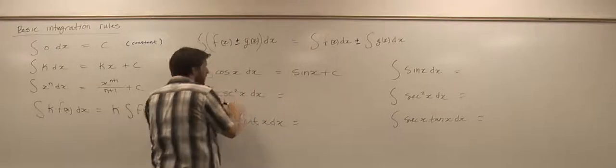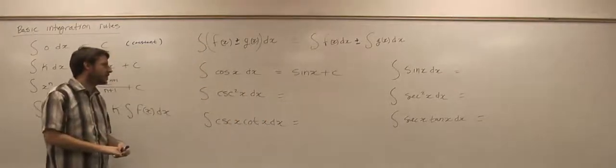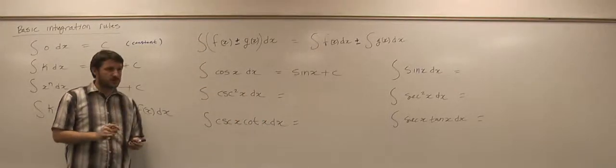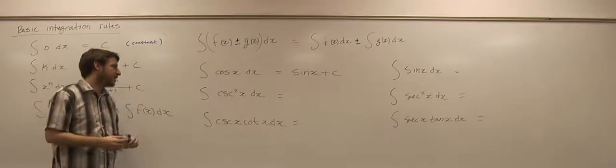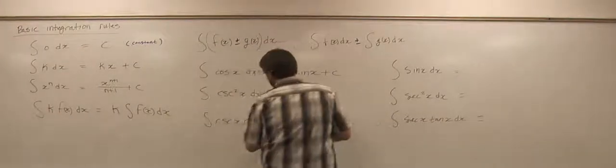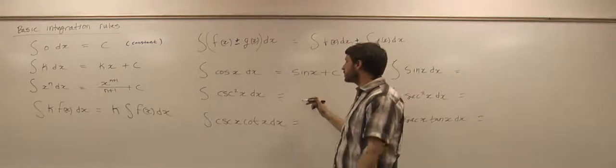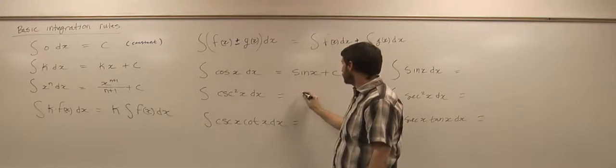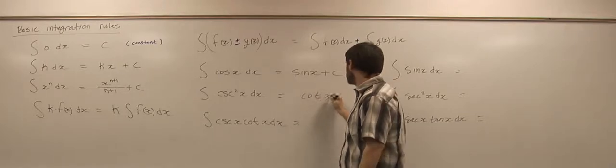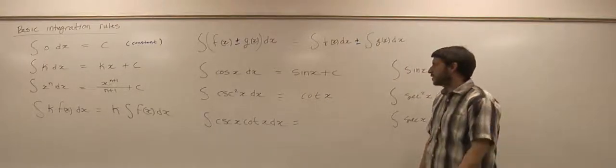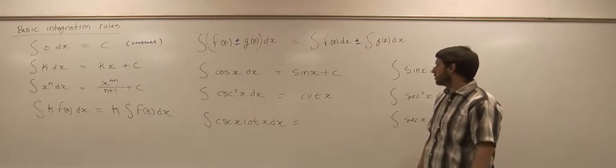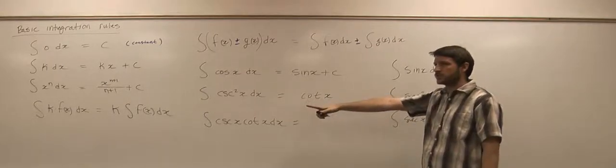What about cosecant squared? What do you take the derivative of to get cosecant squared? You have to be careful here. The derivative of cotangent is not quite cosecant squared.